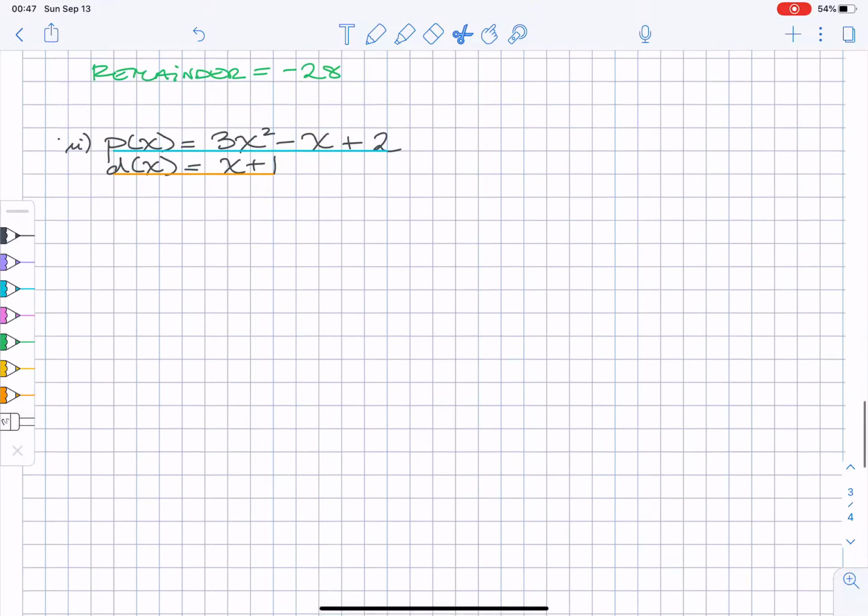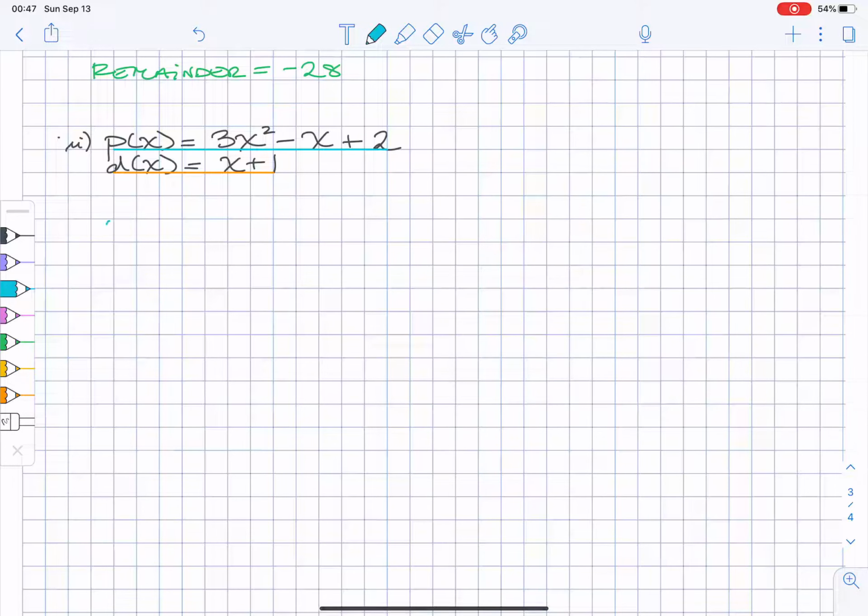So we have 3x squared minus x plus 2, and we want to divide that by x plus 1. Well, I claim that that means x equals negative 1 is the root.